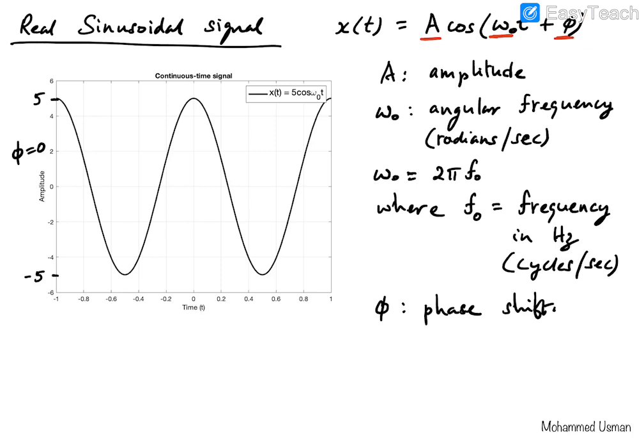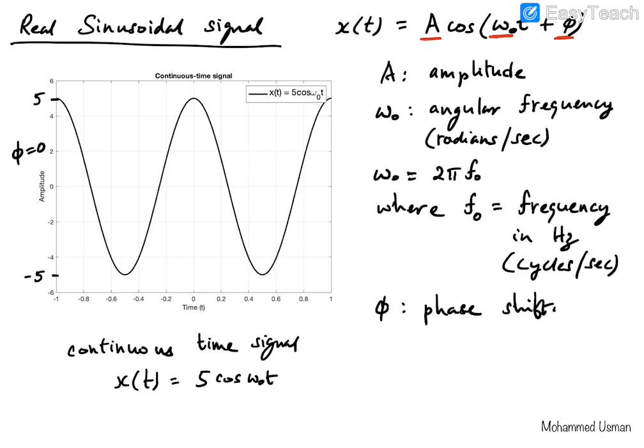As I mentioned earlier, this waveform is continuous in time, so it is a continuous time signal, which we denote as x of t equals 5 cosine(omega naught t plus phi). The phase phi in this case is equal to 0.